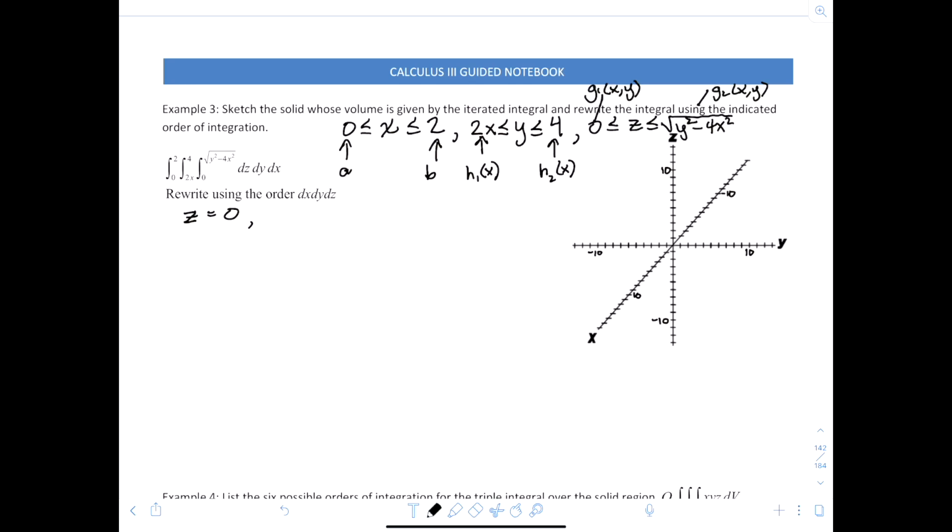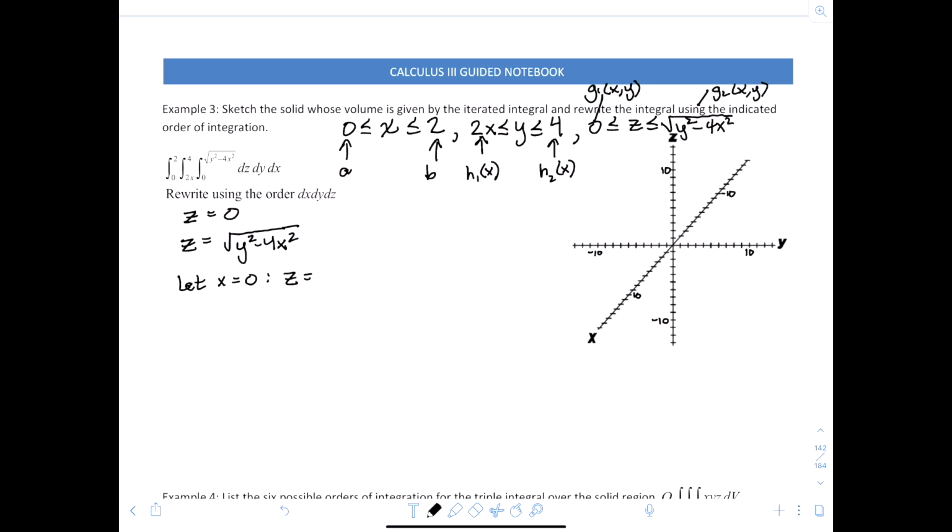Now we need to find a constant for z, right? So we also know that z is equal to the square root of y squared minus 4x squared. Good so far? If we let x equal 0, then z is equal to the square root of y squared, which would be plus or minus y.